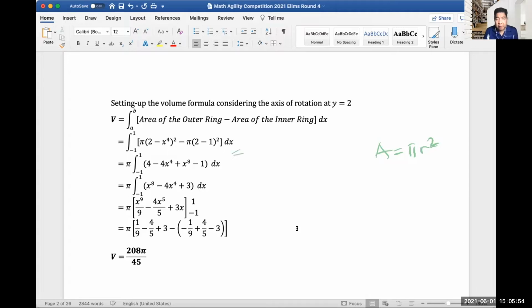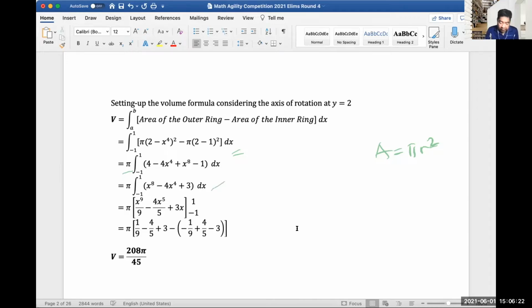Simplifying this, and taking out the pi outside of the integral, this would be 4 minus 4x to the fourth plus x to the 8 minus 1 dx. So this is just a simple integration of polynomials. After rearranging and simplifying, we have x to the 8 minus 4x to the fourth plus 3.